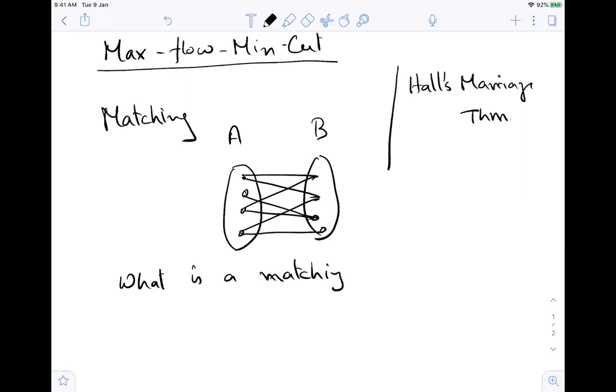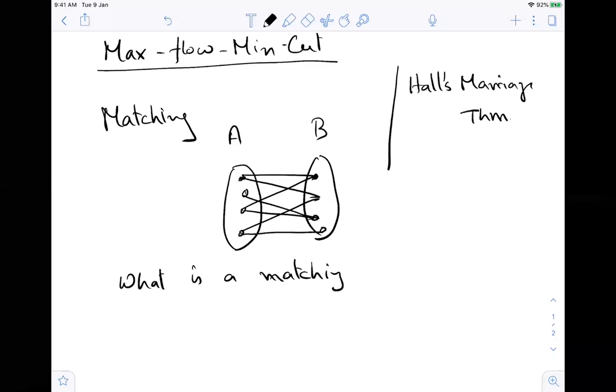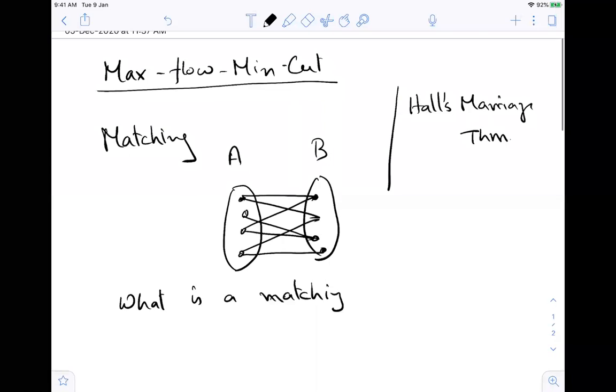The proof of this one doesn't require anything; you can follow it from max flow min cut. The proof I saw used a different theorem. Yeah, there are a lot of proofs out there, but there's one proof that follows directly from max flow min cut, which is a much bigger hammer.